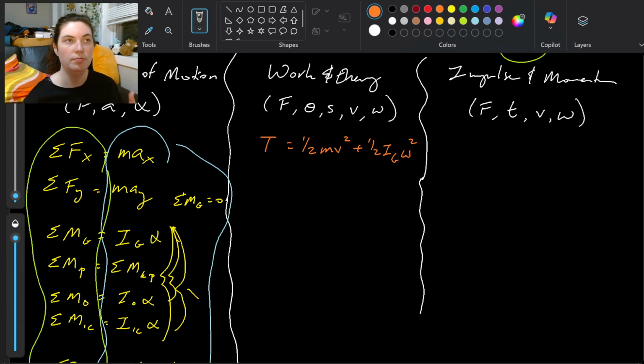If we have no linear velocity, maybe it's just an angular velocity, we wouldn't need the first part. Or if we're just translating, then we don't have an angular velocity, we wouldn't need the back half. It's totally situation dependent which aspects of this kinetic energy you actually need when solving your problems.